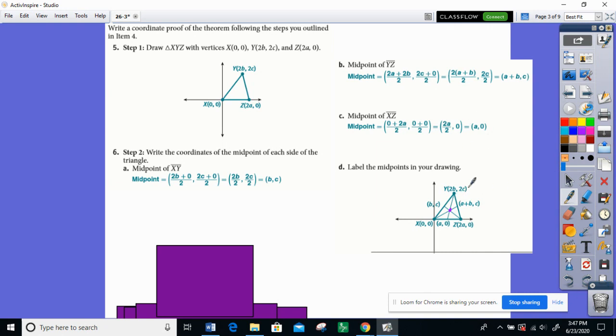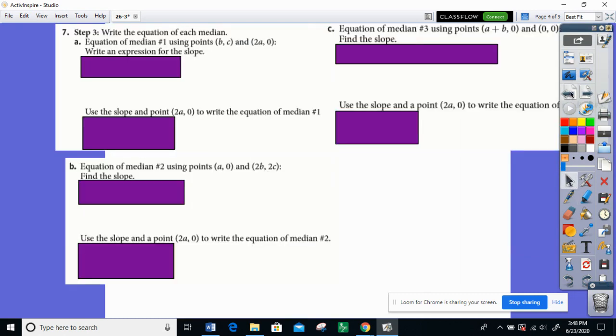And what we're trying to prove is that no matter what the coordinates are for X, Y, and Z, the medians will always intersect at that one point, the centroid. If we can show that all three of these lines intersect in the same spot for these general points, then it'll work no matter what values we choose for a, b, and c. Okay, so that's our goal.